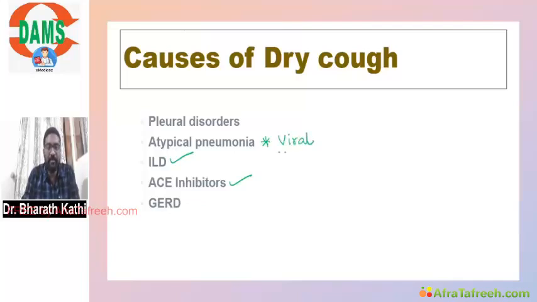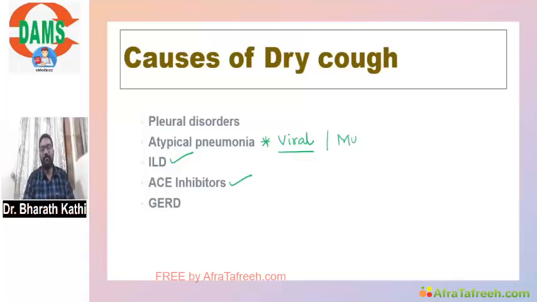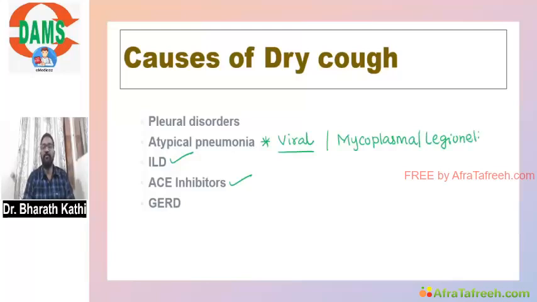We have seen in the COVID era, most of the coughs were dry coughs. The atypical bacterial pneumonias that we have are Mycoplasma and also Legionella. Then pleural disorders such as pleural effusion.